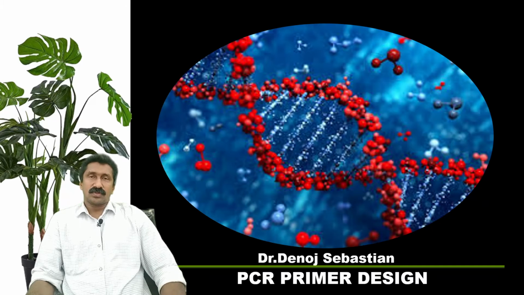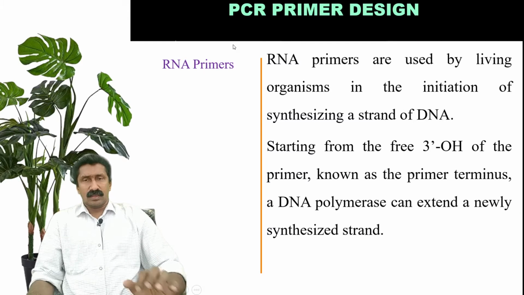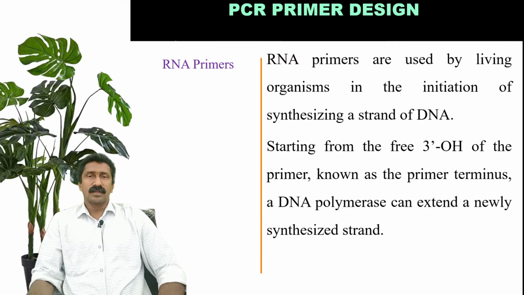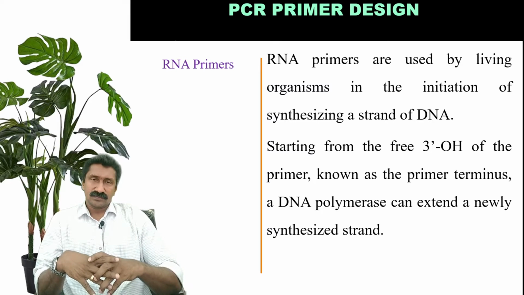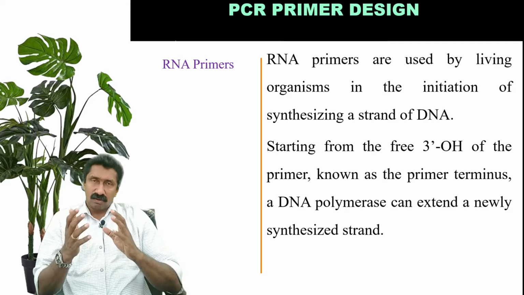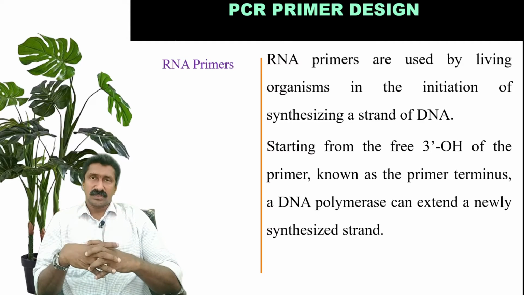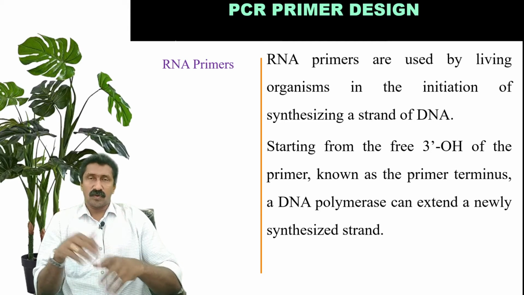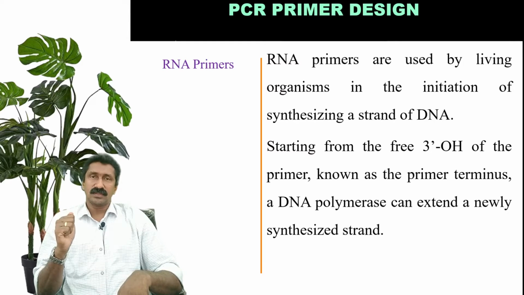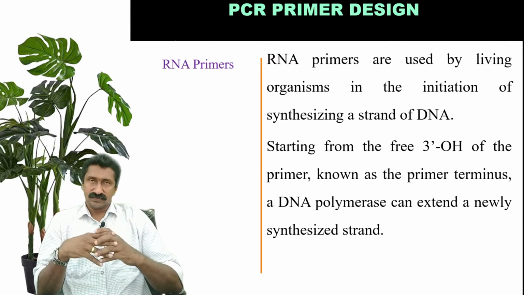Today we are going to discuss PCR primer design. You know that RNA primers are used by all living organisms in the initiation of the synthesis of a new strand of DNA, which means all the DNA polymerases require a free 3' OH group of an existing primer or an existing nucleotide for its initiation.